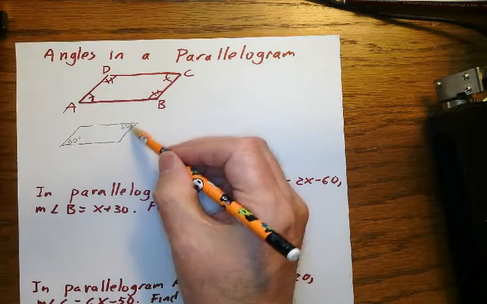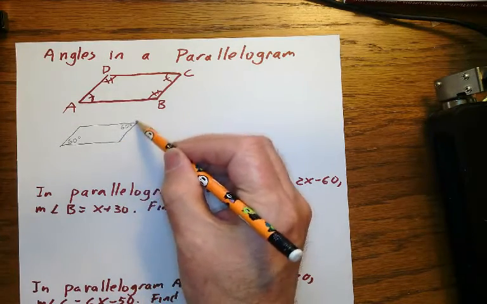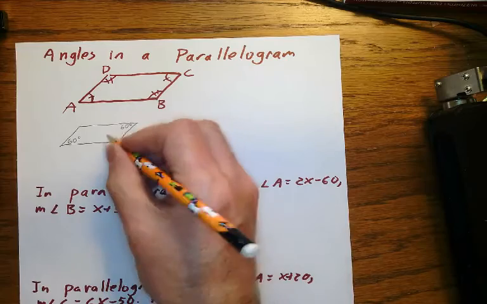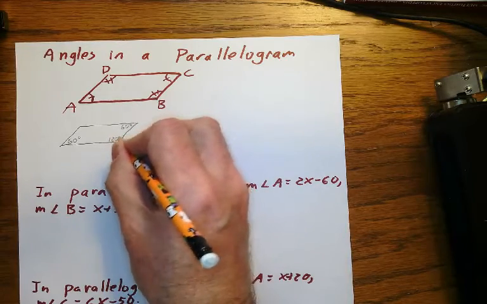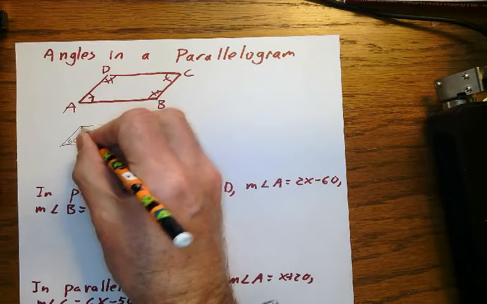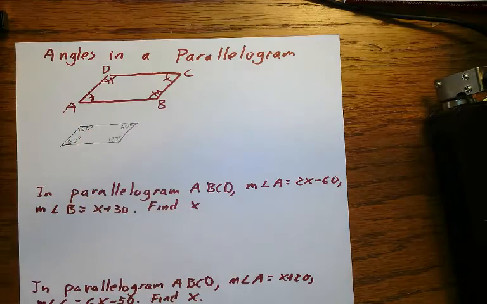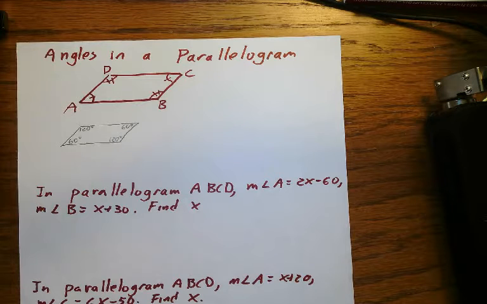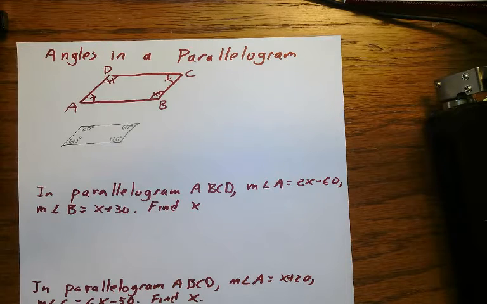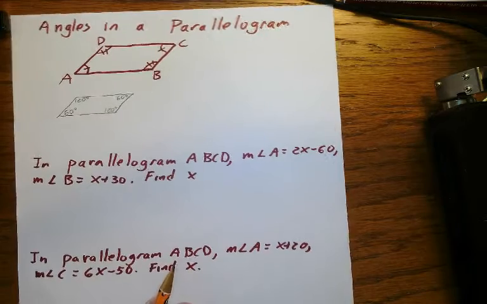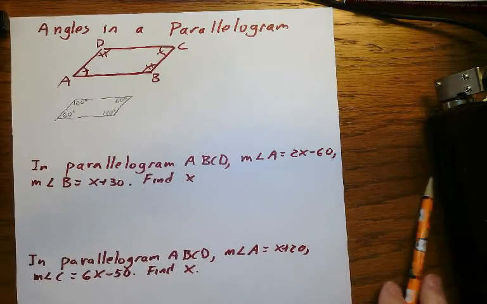The consecutive angles are supplementary, so if you do 180 minus 60, you get 120 for this one, and the same thing over here, you would get 120. So as soon as you know one, you can figure out the other three, and just to remind you, you know that the four angles of any quadrilateral add up to 360, and these four angles do add up. So let's do a couple algebra problems now.